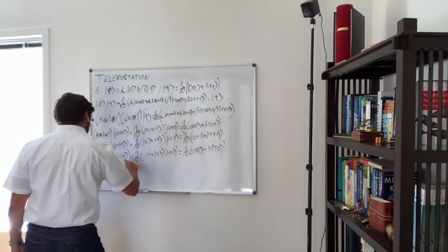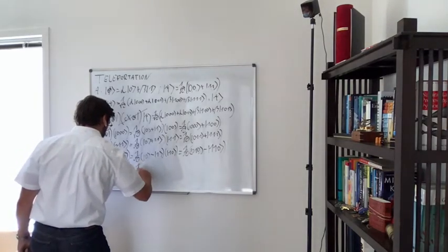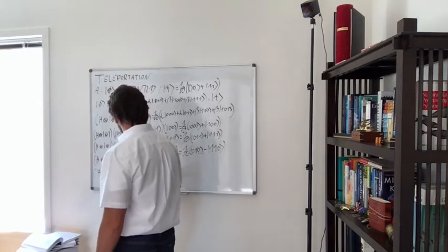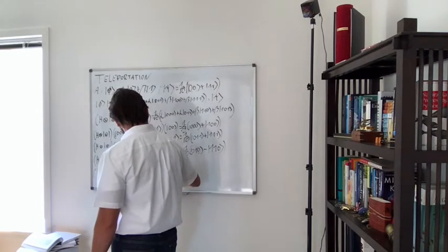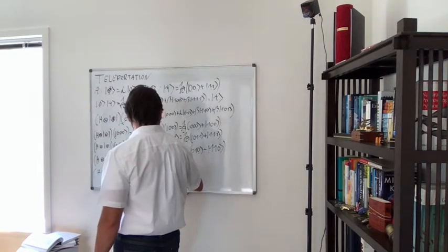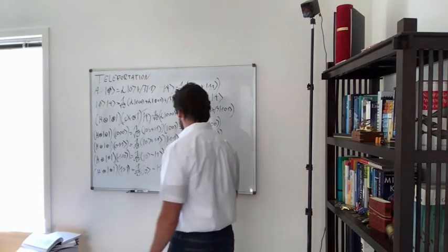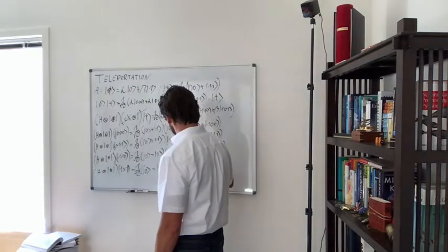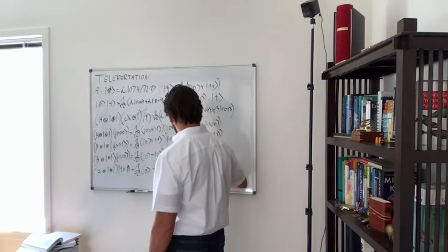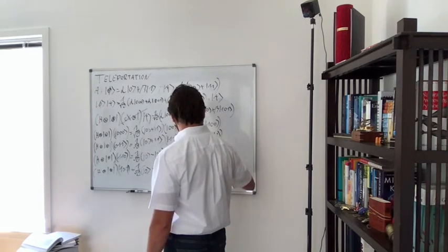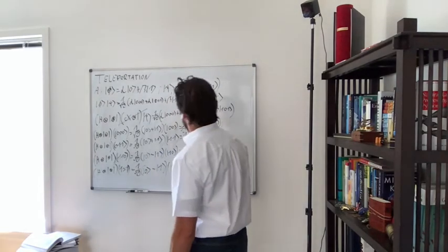This will result in, again, a superposition state with a negative relative phase of 1 applied to 0, 1, which equals 0, 0, 1 minus 1, 0, 1. Okay.